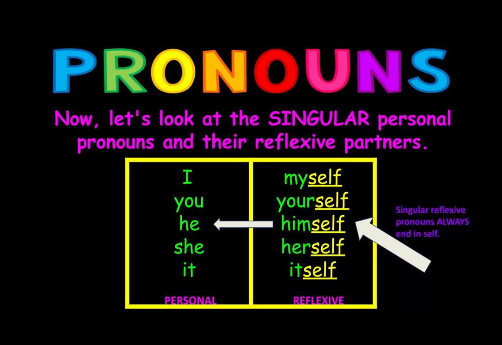Now, the way that I like to remember the reflexive pronoun is they always end in self when they're singular. So I, myself, you, yourself, he, himself, she, herself, it, itself. And remember that singular reflexive pronouns that are talking about one are always going to end in self.